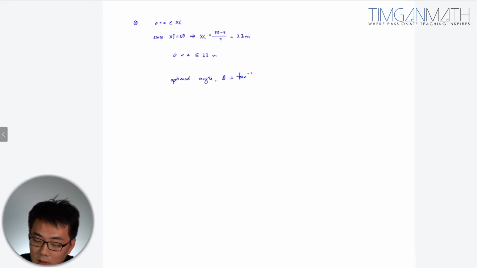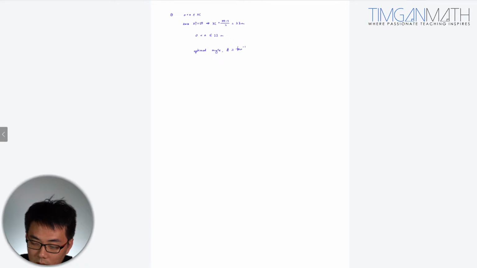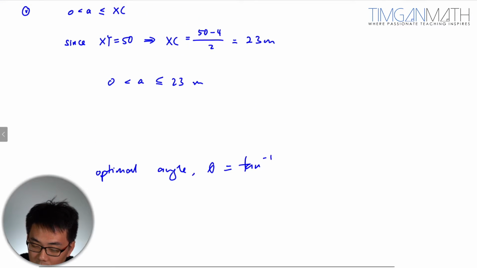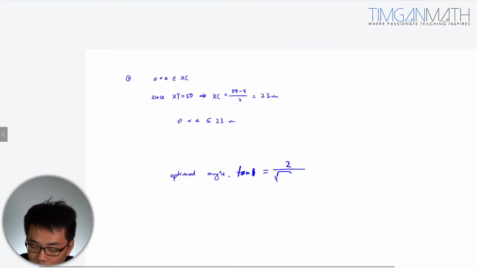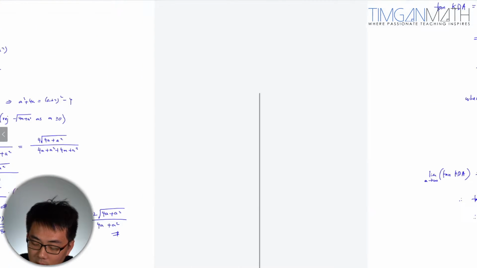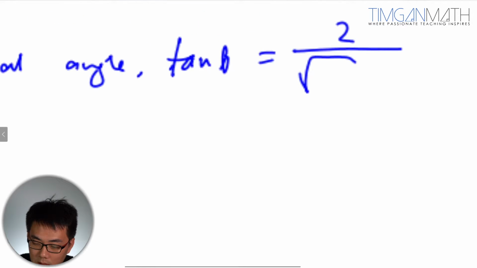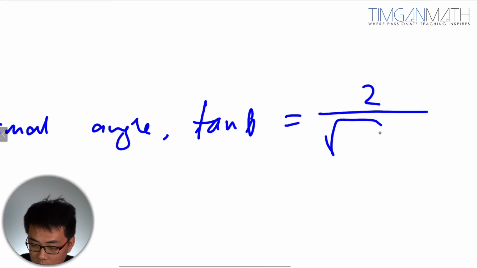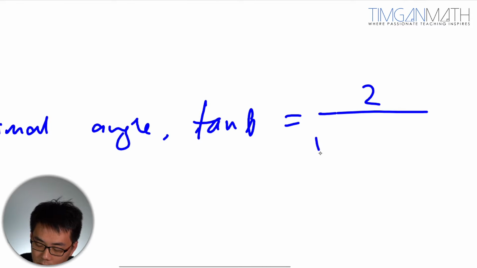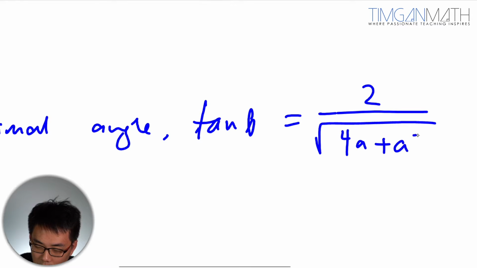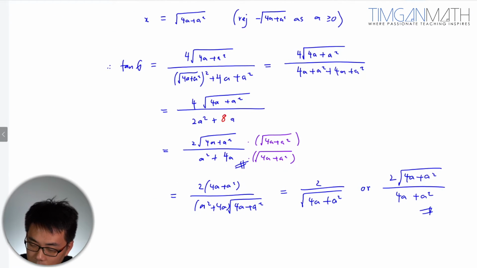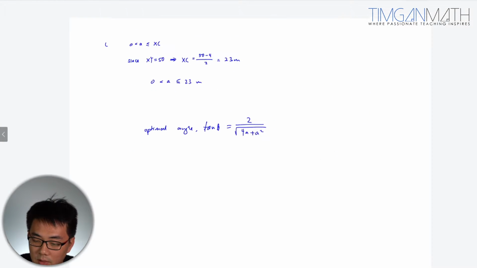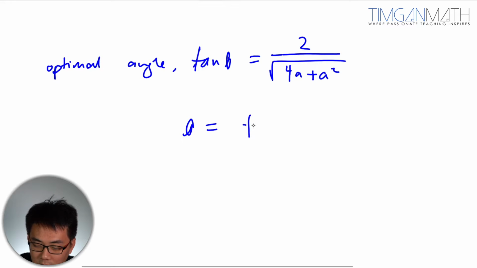Let me just write this down: tangent of the optimal angle, tangent theta, is equal to 2 over square root of 4a plus a square. Okay, let me check. Okay, this is it. So in other words, the optimal angle theta is just tangent inverse of 2 over square root of 4a plus a square.